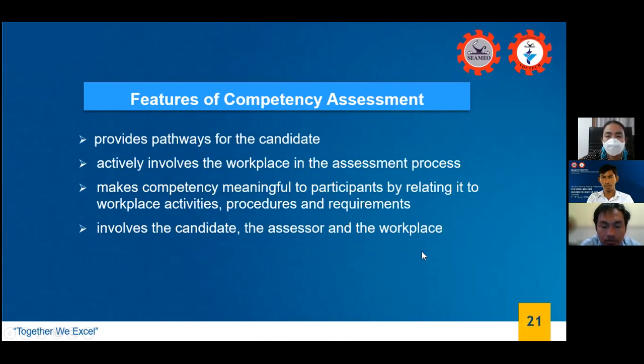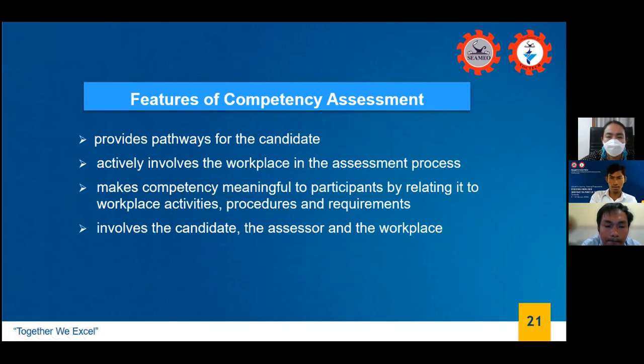That is the relevance of this, because the students of TVET are trained for employability. When you say trained for employability, what are the activities being carried out in the industry? What are the standard procedures carried out in the industry?